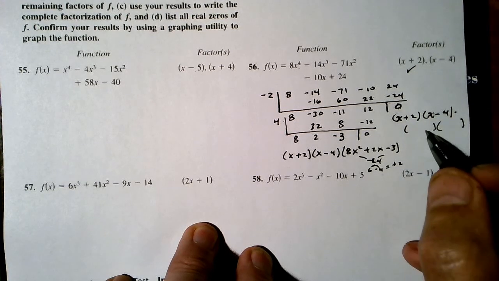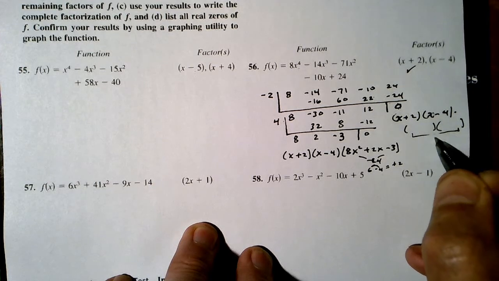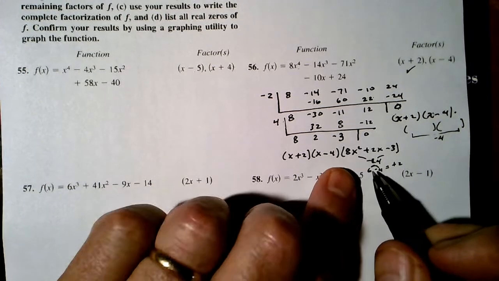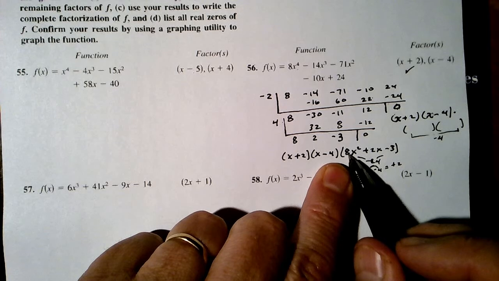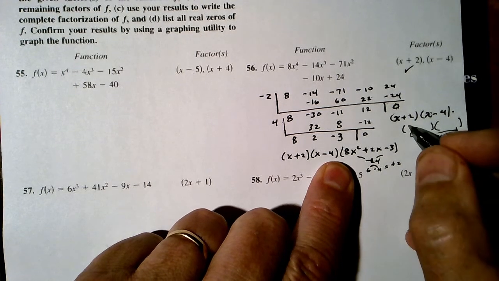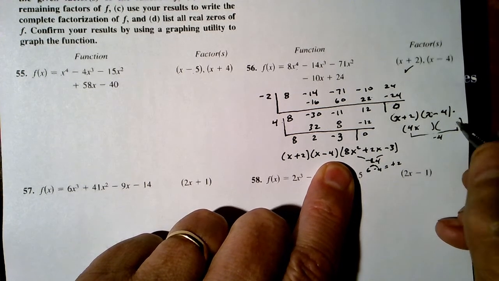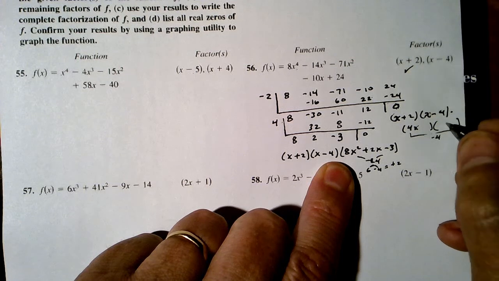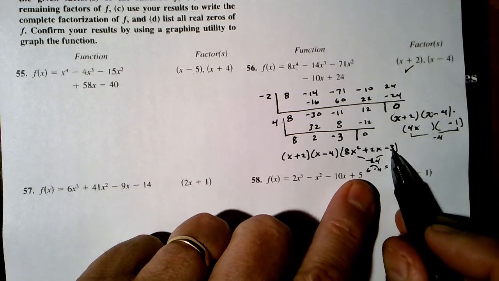I'm going to have the outside product be negative 4x. To get a negative 4, I'm going to use the full 4 from here. So that's 4x and just minus 1 from there.